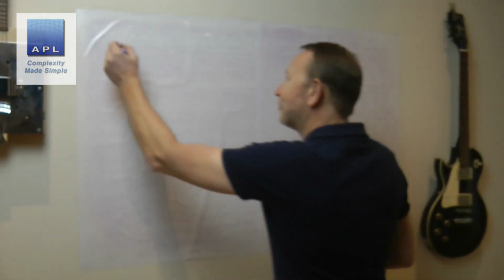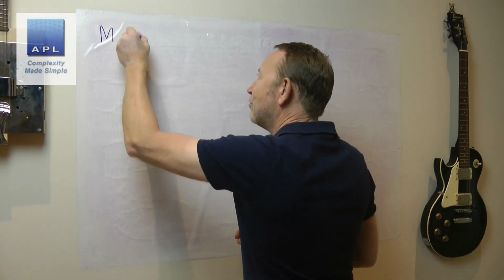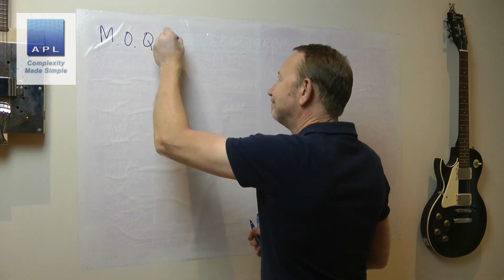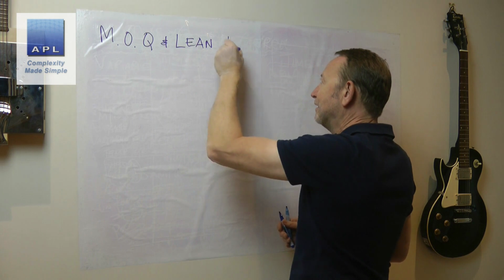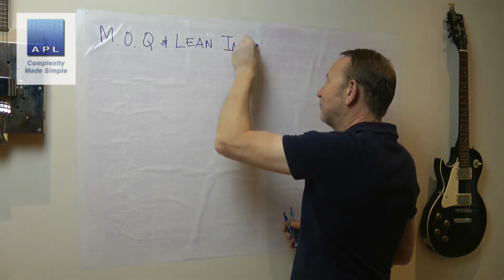So we are going to look at lean, the minimum order quantity, and how to overcome this. Okay, so the MOQ and lean implementation.